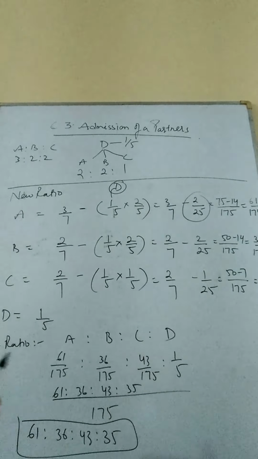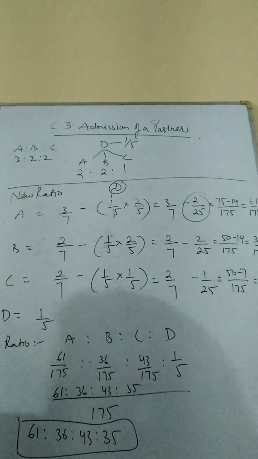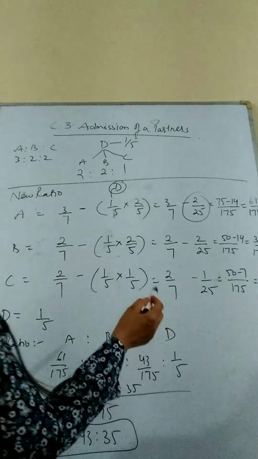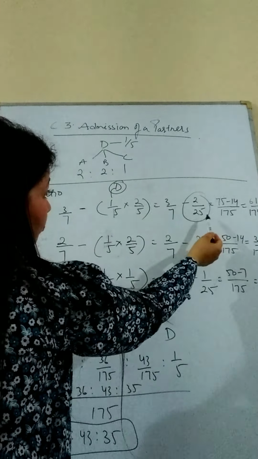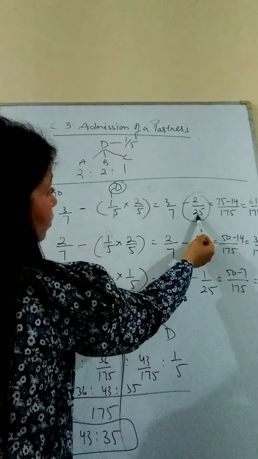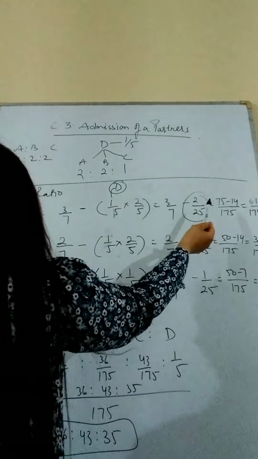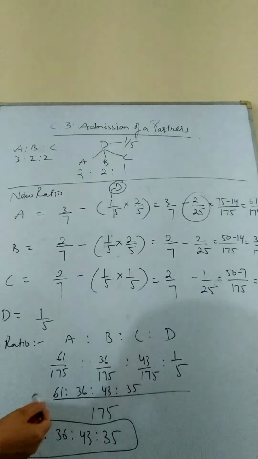Okay, then we have the calculations as such. For 7 and 25, the LCM comes down as 175.